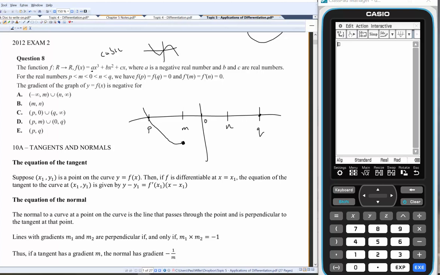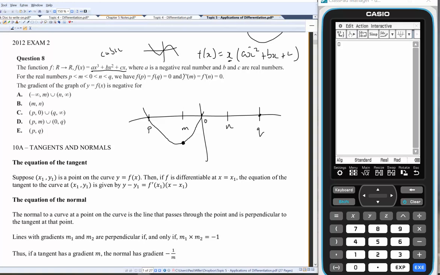Then it's going to cut back through 0. Now, how do I know that? Because when I factor out x, f of x equals x(ax squared plus bx plus c). Note via null factor law, x is equal to 0. So it does certainly have an x-intercept at 0 as well.